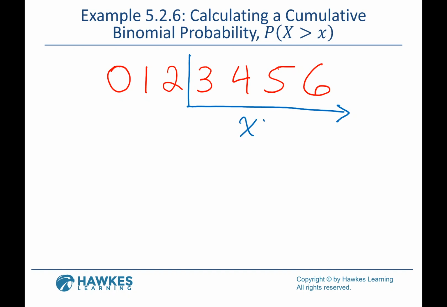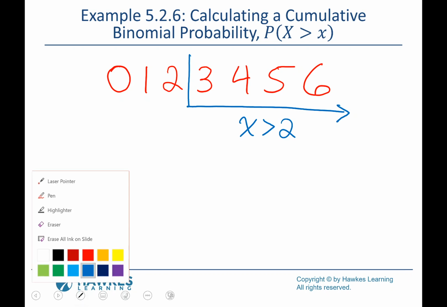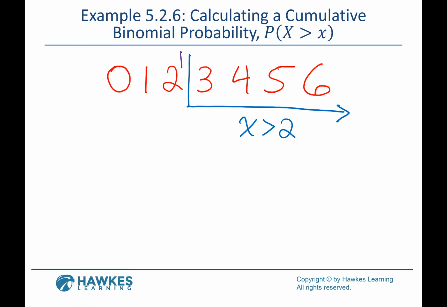So we can call that X is greater than 2. The ones we have left over, 2, 1, 0, what could we call that? Yeah, we could call it 2 or less, or less than or equal to 2. So this probability, the ones we don't want, we can look up in our table, because it's less than or equal to.